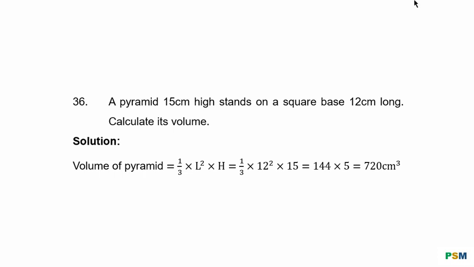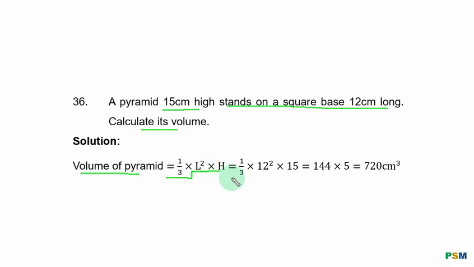Example 36. A pyramid 15 cm high stands on a square base 12 centimeters long. Calculate its volume. Solution. Volume of pyramid is equal to 1 over 3 times base area. The base area is area of a square times height.